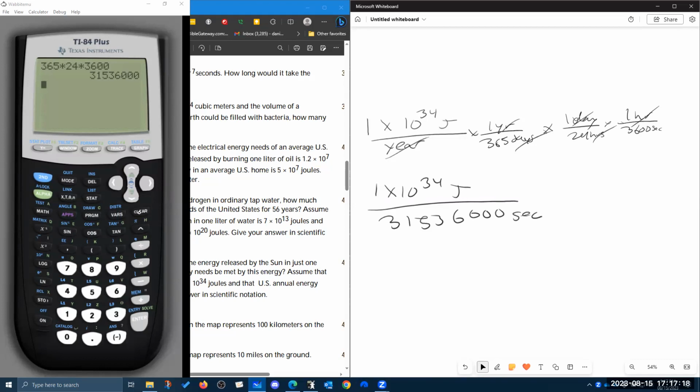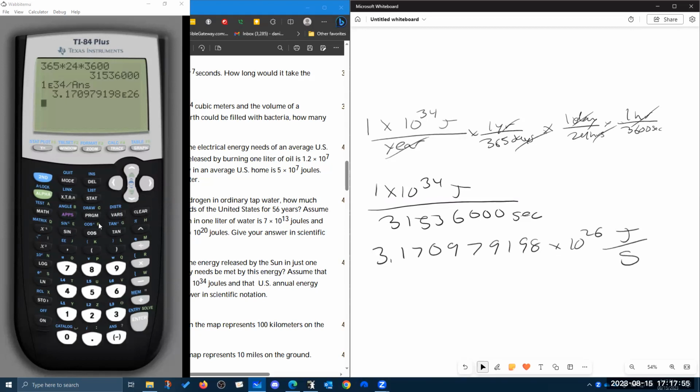So let's figure that out. 1 second EE is how you do times 10 to the power of in the calculator. 34 divided by that answer that I got up there is 3.170979198 times 10 to the 26 joules per second.